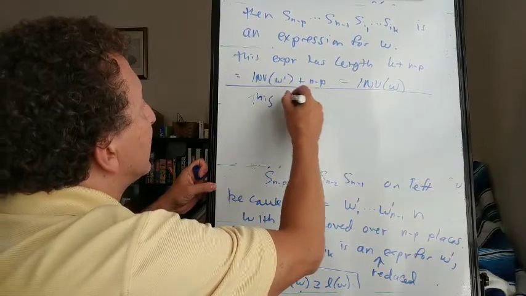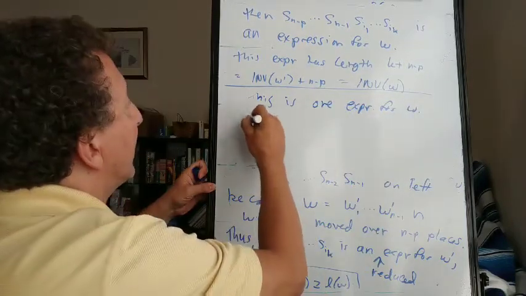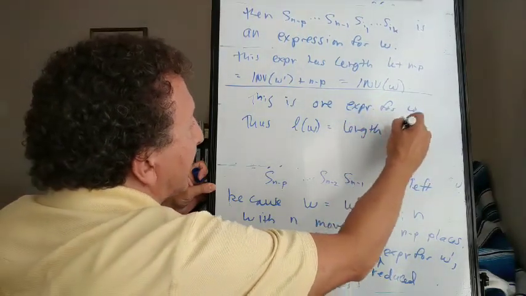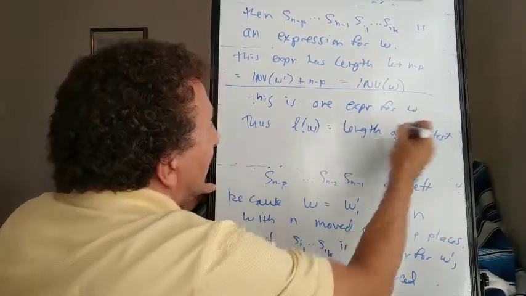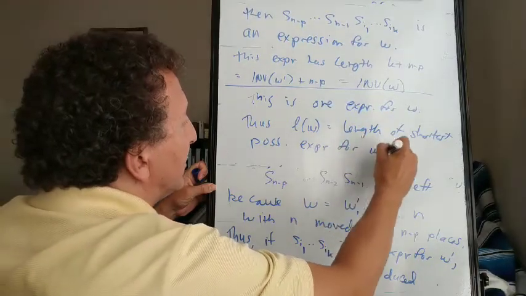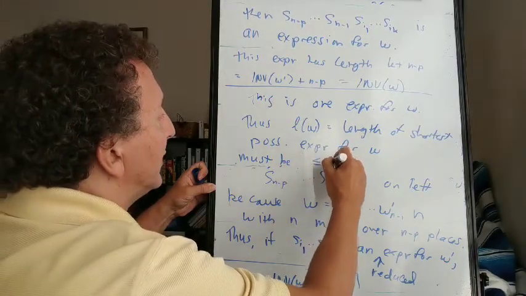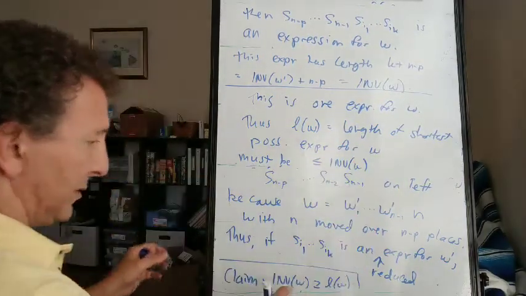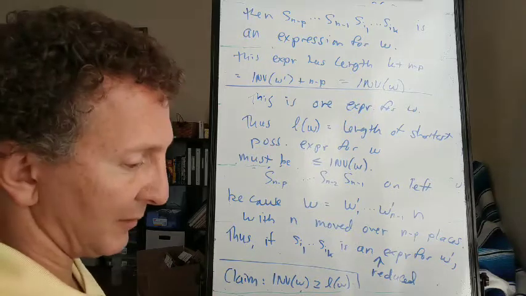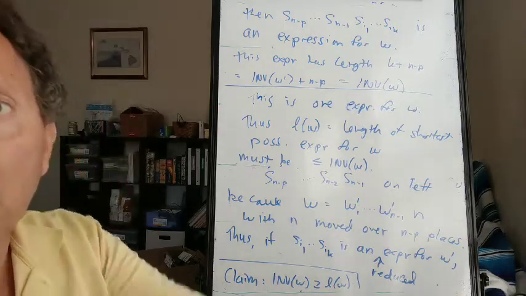So this is one expression for W. That means that the length of W, the length of the shortest possible expression for W, must be less than or equal to the number of inversions in W. So we just proved the other direction of the claim, and now that we've got both inequalities, we have the equality of number of inversions in W and length of W. The end.